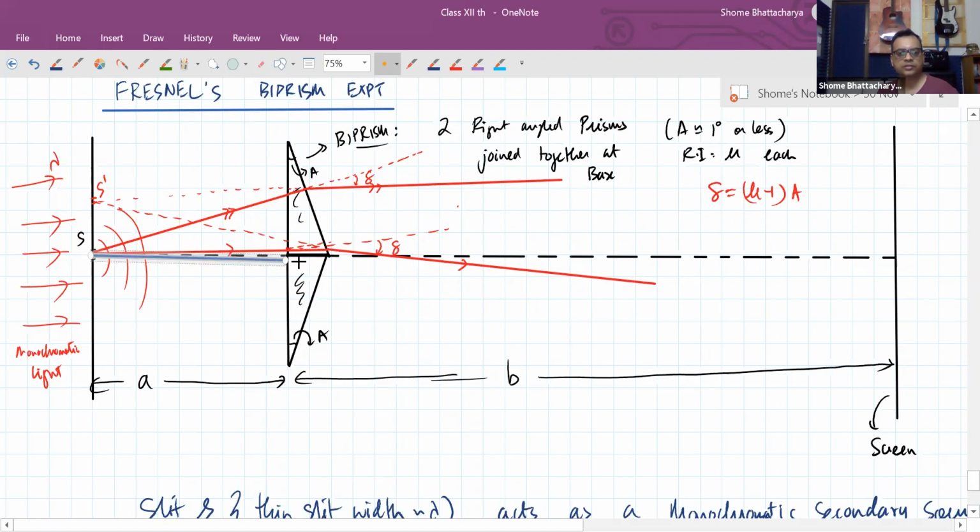Now this will tend to deviate in the opposite sense, like this. So this will appear to be coming from somewhere here.